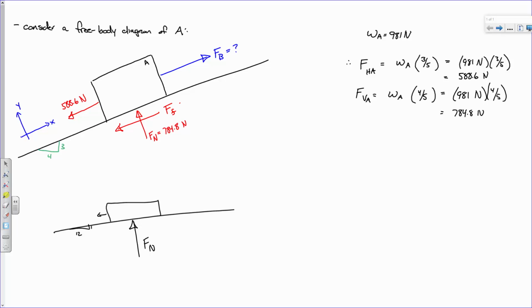Now, what is that friction force? 0.2 times 784. There we go. So the friction force is the coefficient of static friction times our normal force. And so that is what? 156.96.